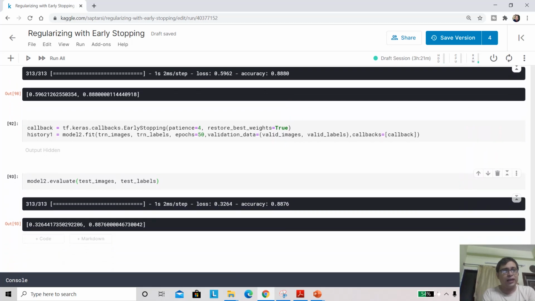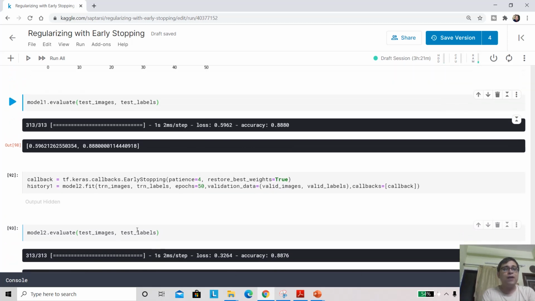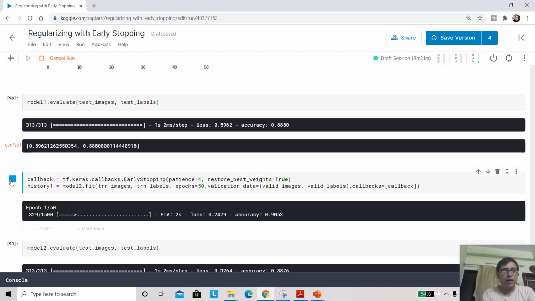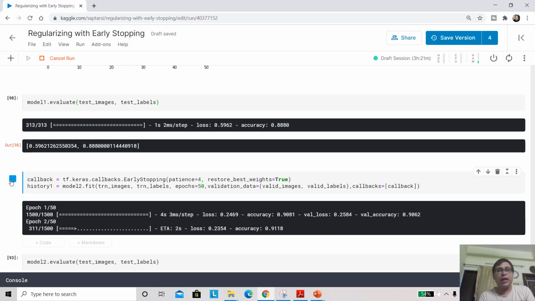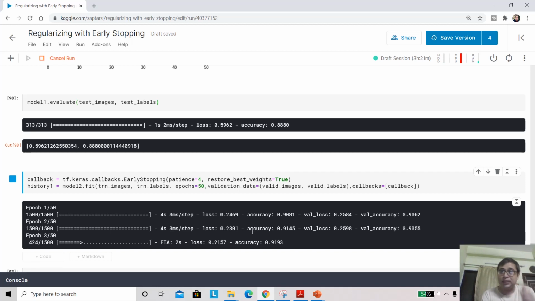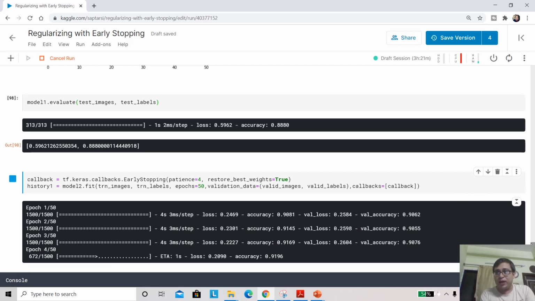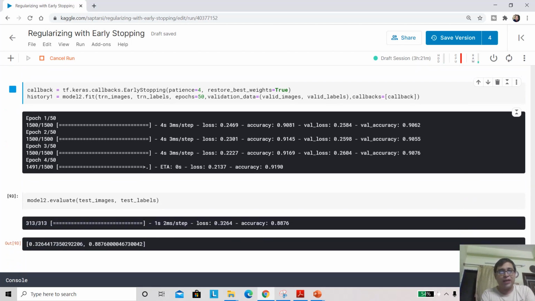Now let's run this. I think it has already been run, so we are not going to run it, or I can quickly show you. It will take a little bit of time because there are 50 epochs. You see that it starts with a good accuracy, and training accuracy is improving quite a lot.